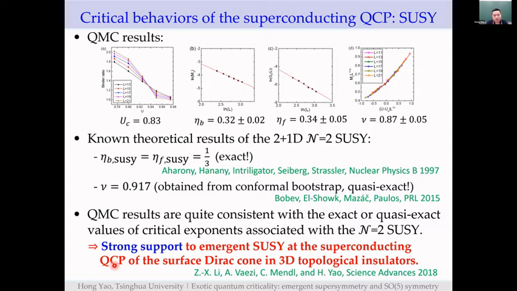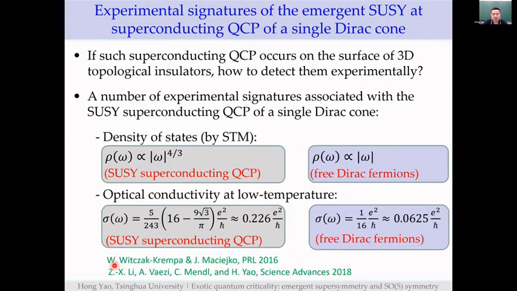If such a SUSY superconducting quantum critical point is realized in experiment on the surface of a 3D topological insulator, how do we detect such a supersymmetric quantum critical point? There are two predictions of this supersymmetric quantum critical point.